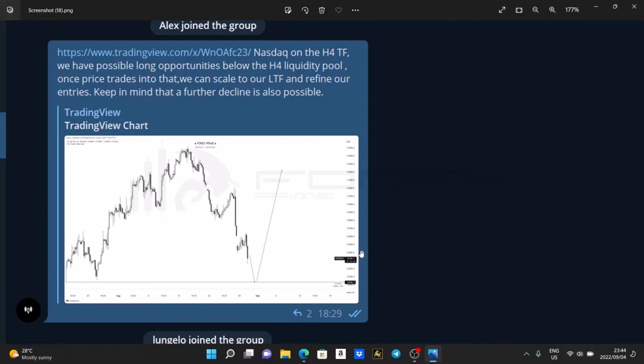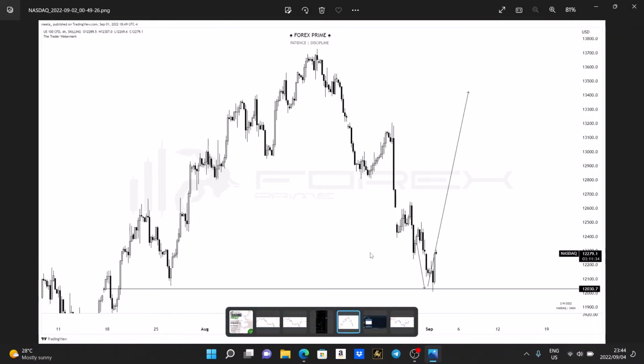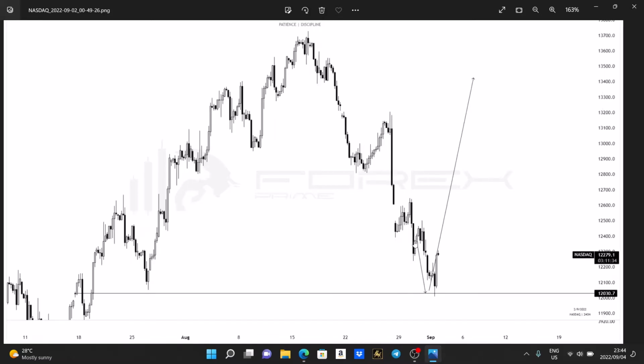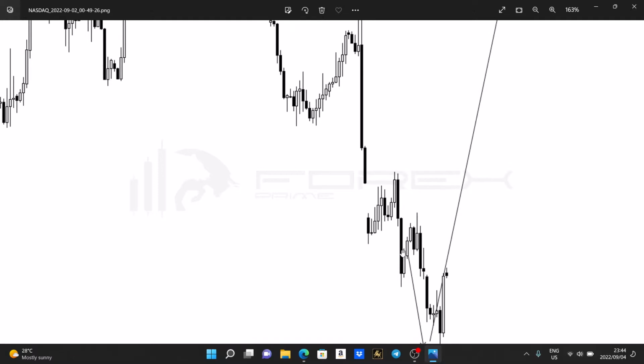Moving on to the next slide, just to show you guys what happened. Price was up here when I took that screenshot, and if you look closer, we can see that price retraced into this up close candle.